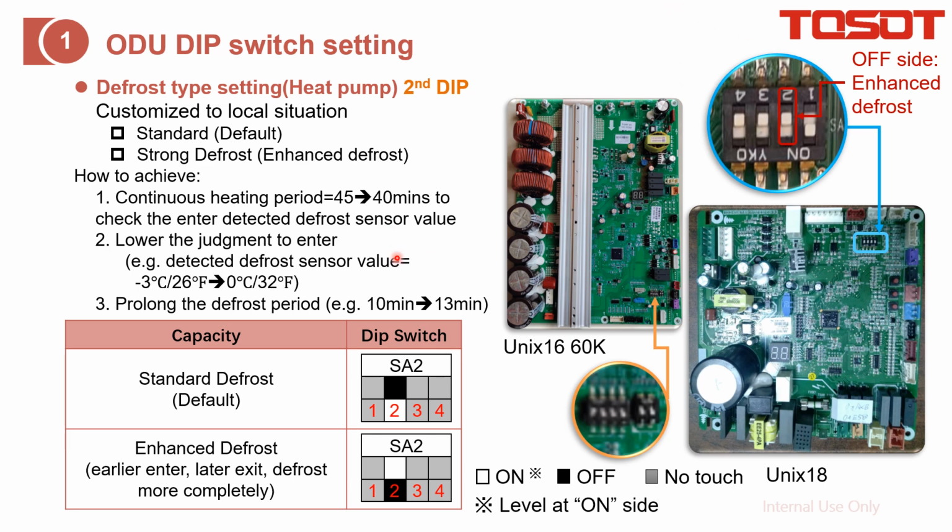According to your situation, if you find the defrost is not complete, then you can adjust to this enhanced defrost. If it can defrost more completely, it will be much better for the next heating cycle.